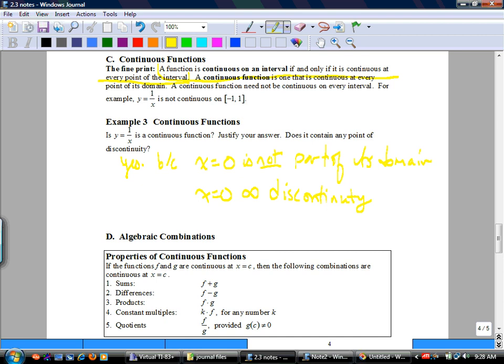Here's where it kind of gets interesting. If you have two functions and they're continuous, when you add them together, they're continuous. If you subtract them, if they're continuous before, they're continuous after. If you multiply them, they're continuous after.